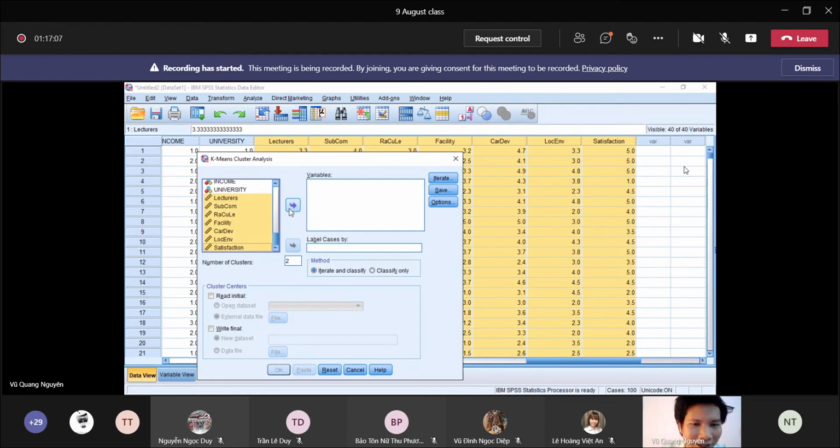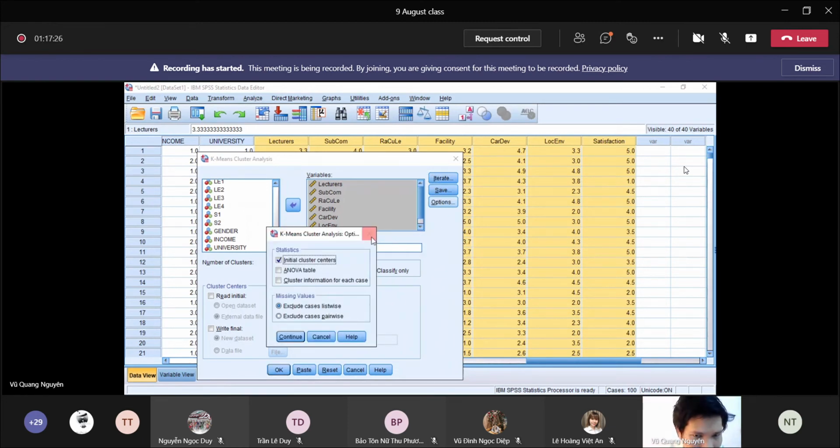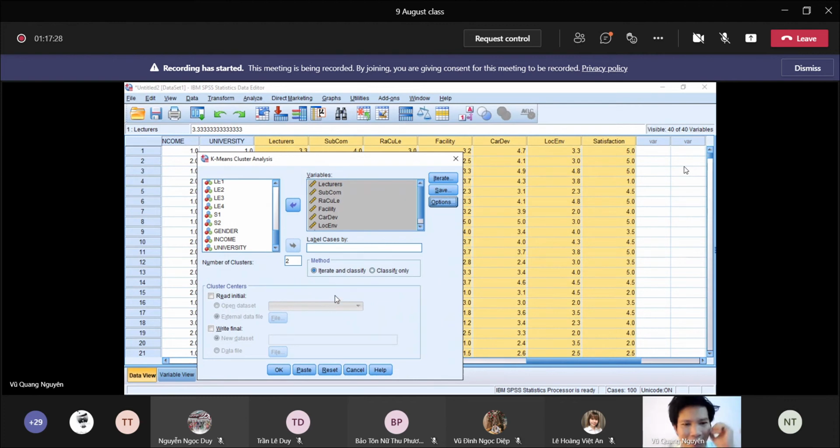You put the 7 variables into variables, very easy. And number of clusters, yeah, the best is 2, right? So we keep it 2. And yeah, don't click iterate, don't click save, go to options. And yeah, okay, we do not need to click anything, just click OK.